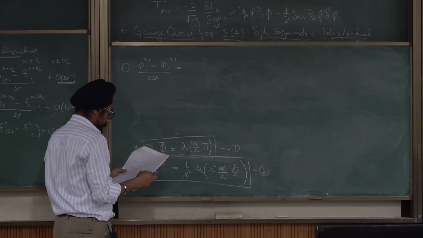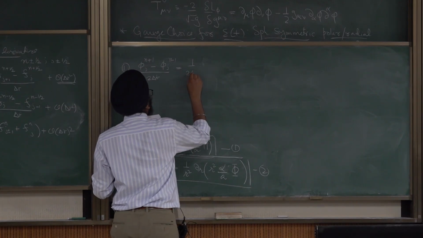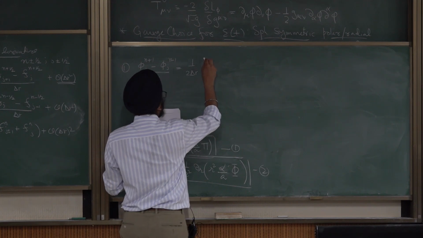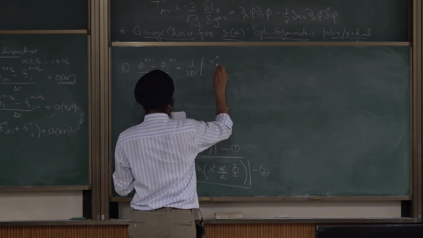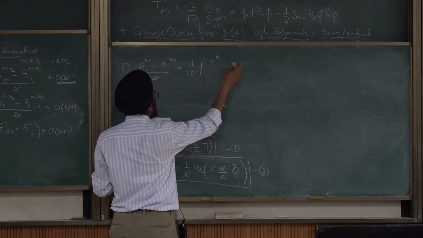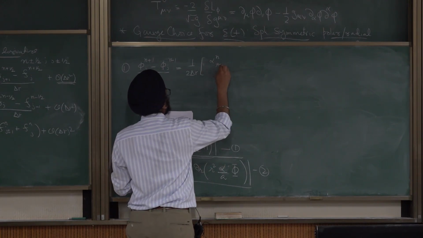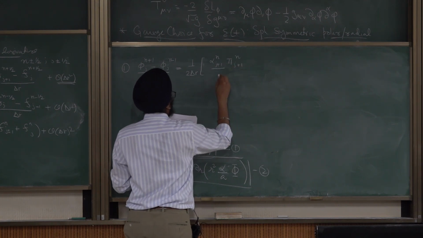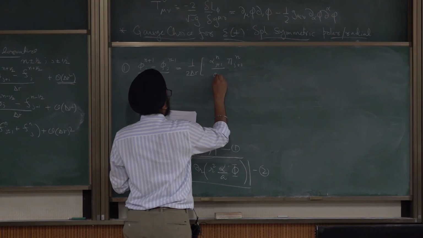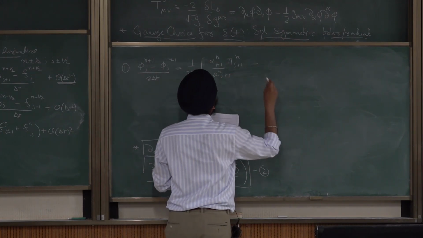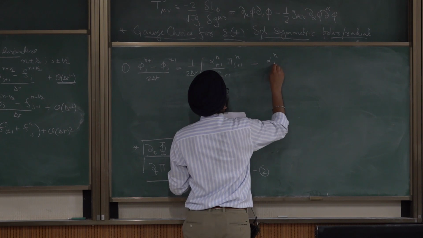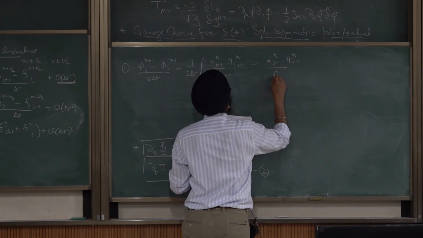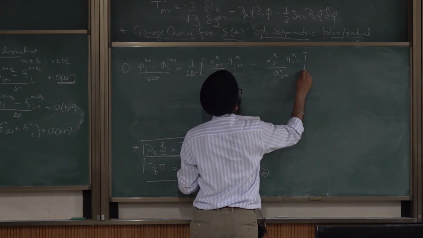So these will just be the usual ones, which are equal to 1 by 2 delta r, this one. Alpha is just alpha n. So derivative with respect to r, this would be j plus 1 minus j. So j plus 1, pi j plus 1 n by a n j plus 1, minus alpha n j minus 1, pi n j minus 1 by a. That's it.